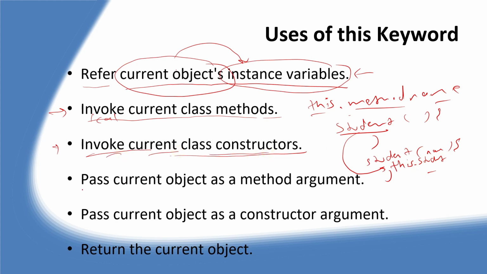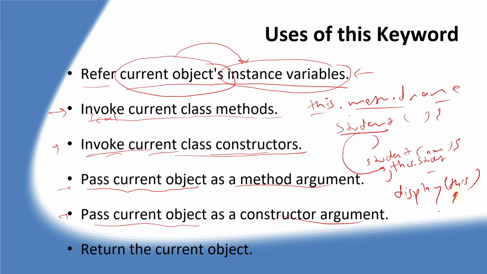Okay. We can pass the current object as a method argument, and we can pass the current object as a constructor argument. What is the current object? This. No, only this will be passed. So let's say we have some method display, and we can pass this like this.